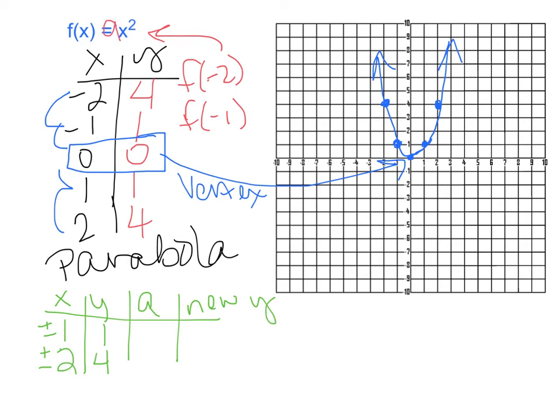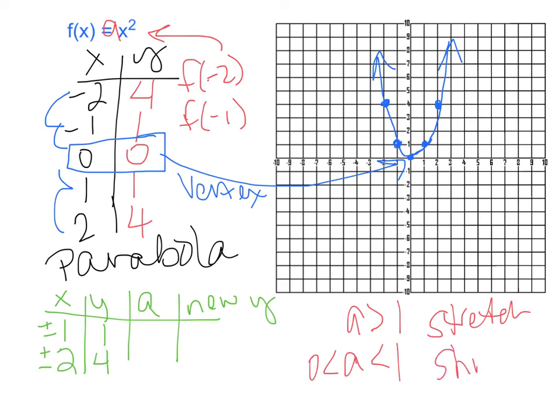So whenever you're looking at your transformations, what's the number that's in front? It is vertical stretch and shrink, good. So you can stretch and shrink. If A is greater than 1, then it's going to be a stretch. Good. If A is between 0 and 1, then it's going to be a shrink.